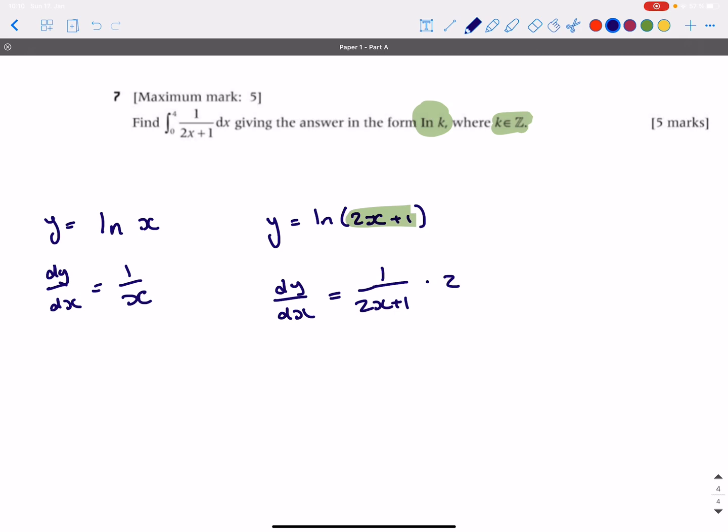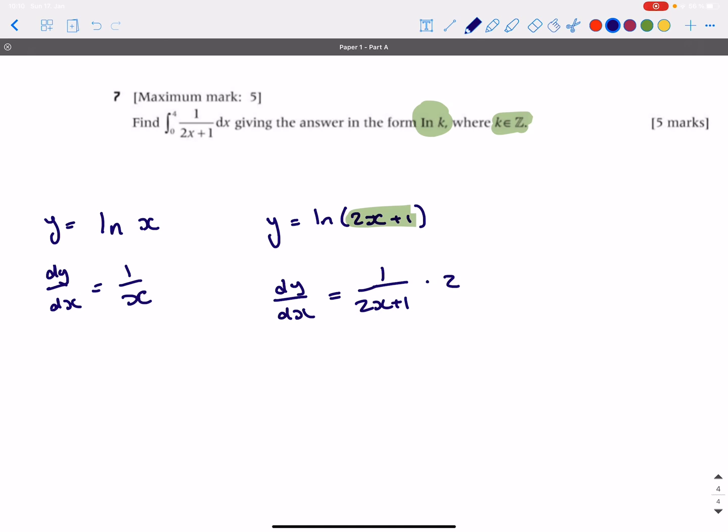So at the moment, if I said, okay, I integrate 1 over 2x plus 1 and I get natural log of 2x plus 1, that's not quite right because that's going to be 2 times too big.